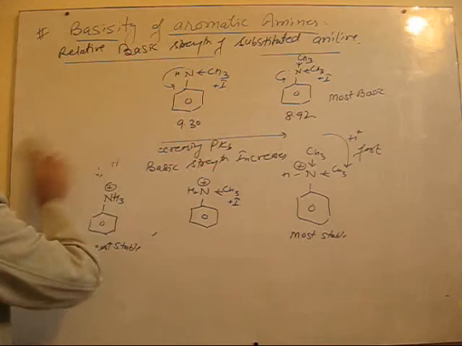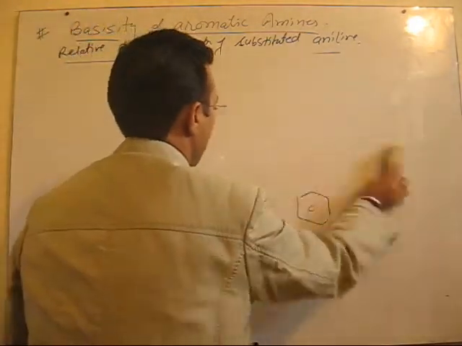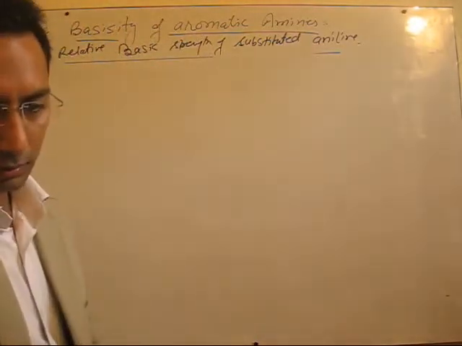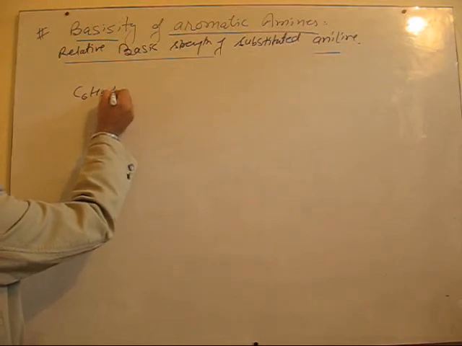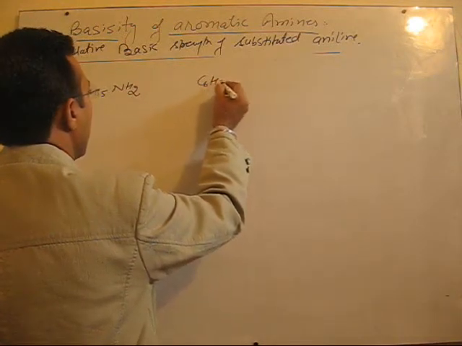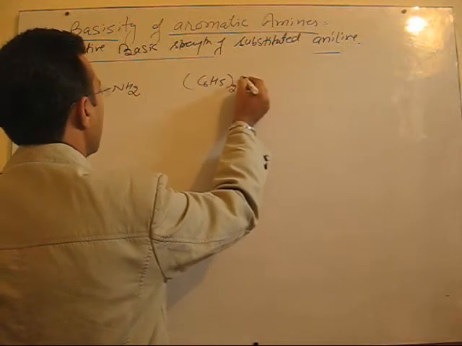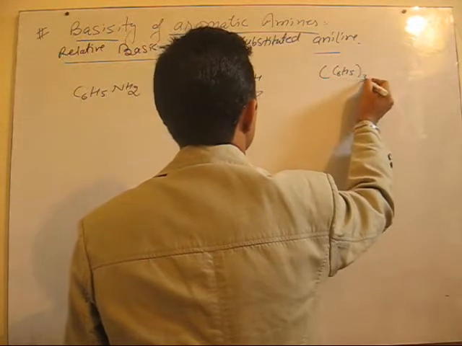Fine. Further, we have one more comparison. We have here aniline, that is C6H5NH2. Then we have here (C6H5)2NH and (C6H5)3N.